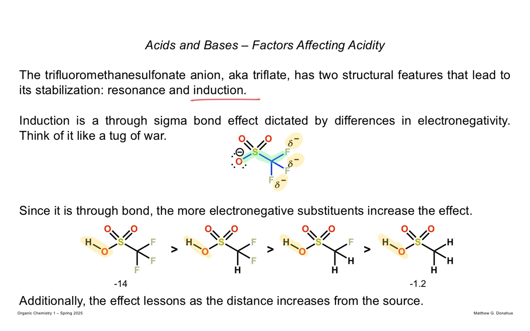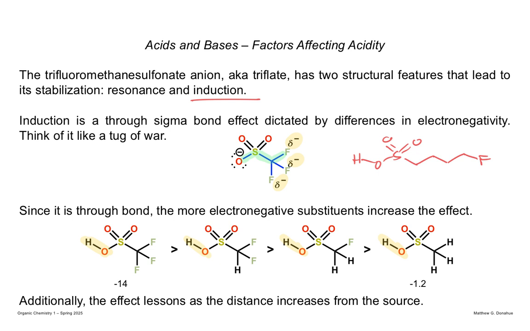So to calibrate you on what I just said about the NMR argument, say you had that compound. You have a fluorine in there, but it's way down the chain.